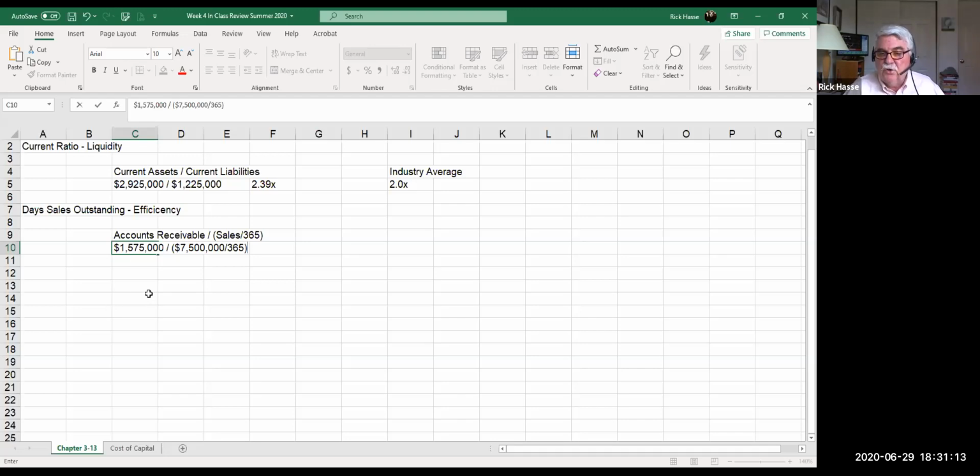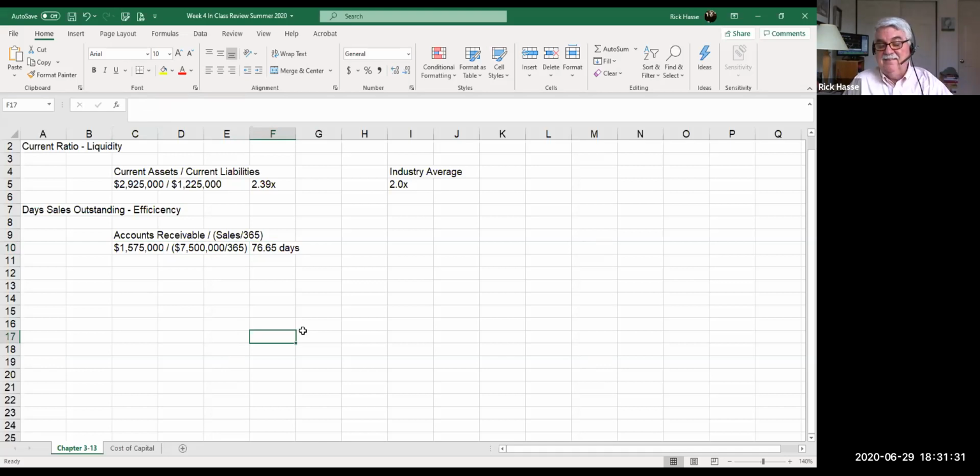In other words, I take their current receivable balance divided by how much they're selling a day, and I get a number that's kind of ugly: 76.65 days. It's taking them over 76 days on average to collect their money.